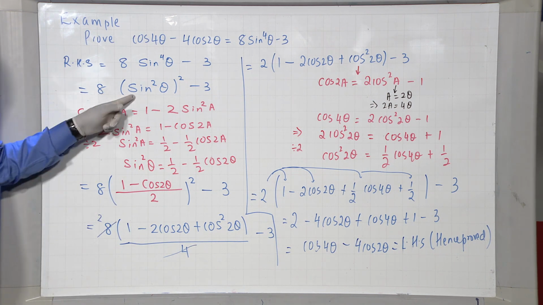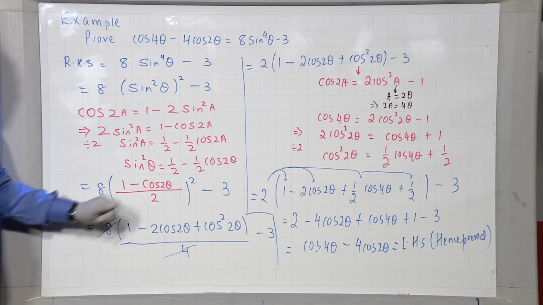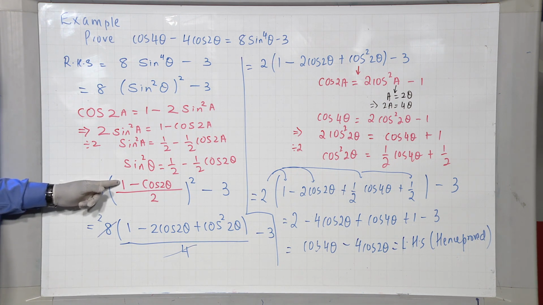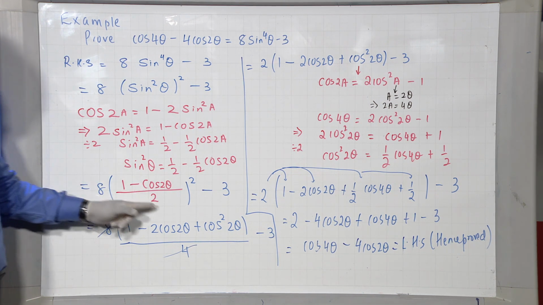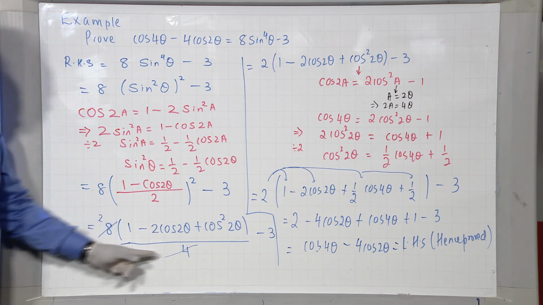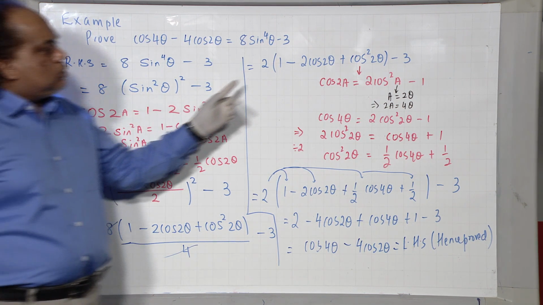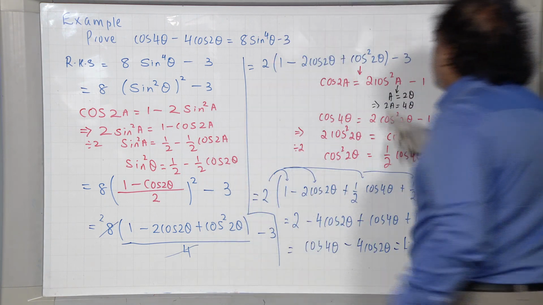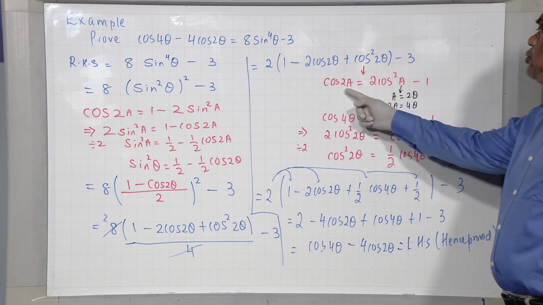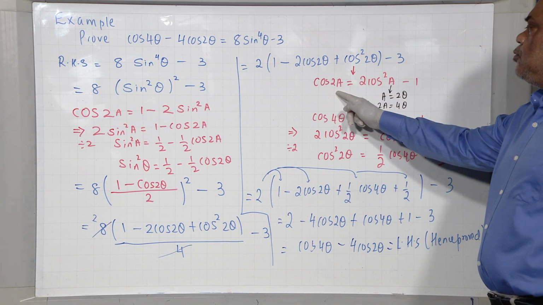So I had 8. This one was replaced by (1 minus cos 2 theta) divided by 2, all squared. So we squared the numerator. It becomes 1 minus 2 cos 2 theta plus cos squared 2 theta. The 2 squared becomes 4, which is eliminated here. We are left with 2. So when we reach this stage, we realize that we have another cos squared 2 theta. So we decided to use the double angle formula once again, but this time a different double angle formula for cos.